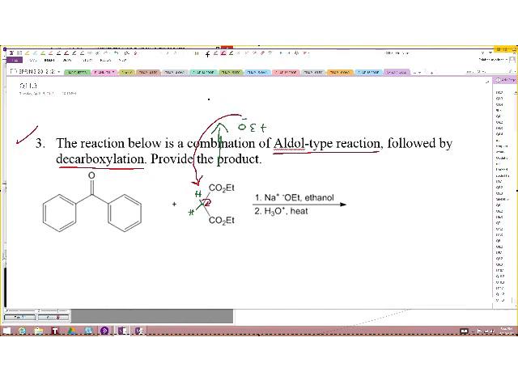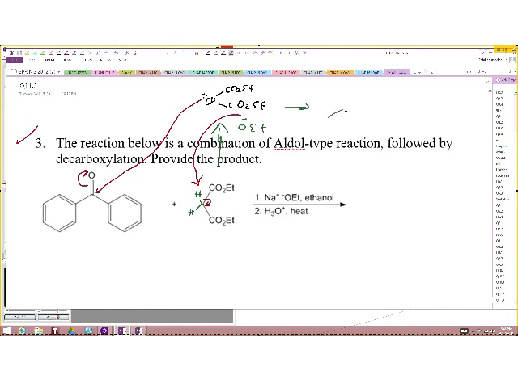So now we form the enolate of ethyl malonate. And then what happens to that? Attack this carbonyl. Okay, very good. So attack that carbonyl, and this pi electron goes here. Okay, so now we form this.